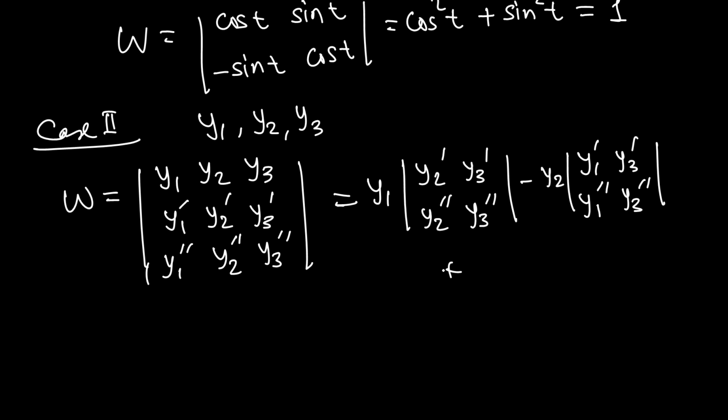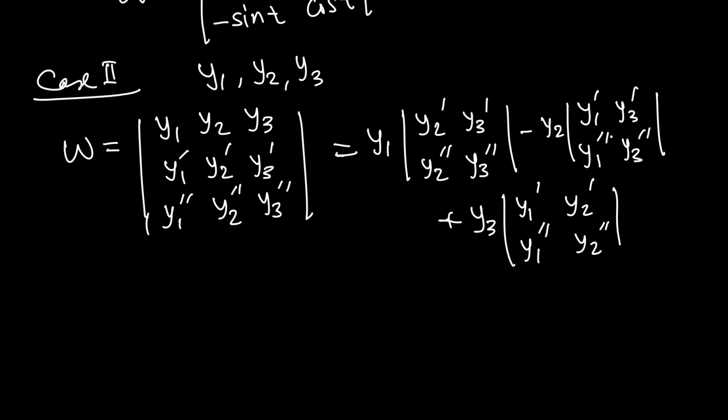The third is y3, it's plus minus plus, by location this will be y3. We just delete the row and column containing that element. So y1 prime, y2 prime, y1 double prime, y2 double prime, and we know how to evaluate a 2 by 2 determinant.